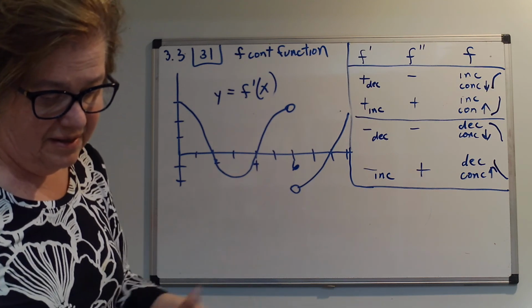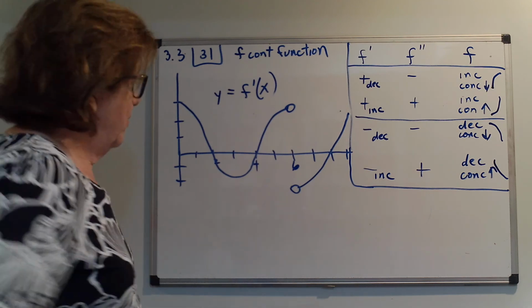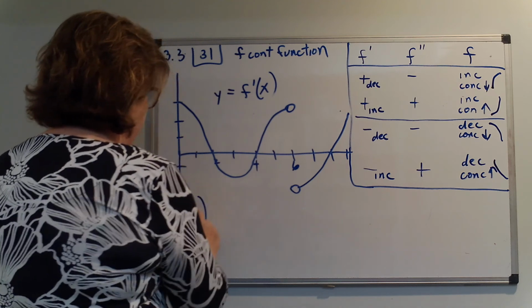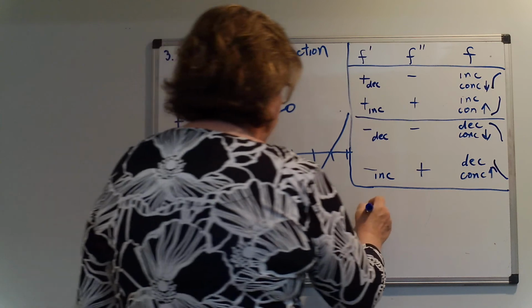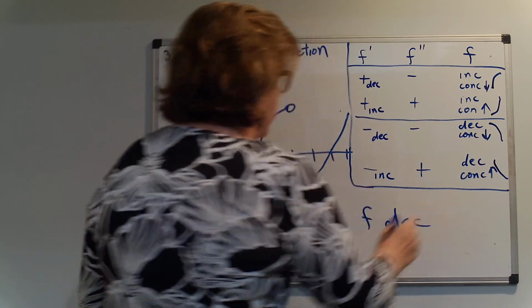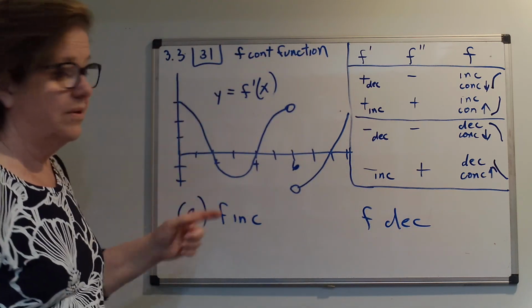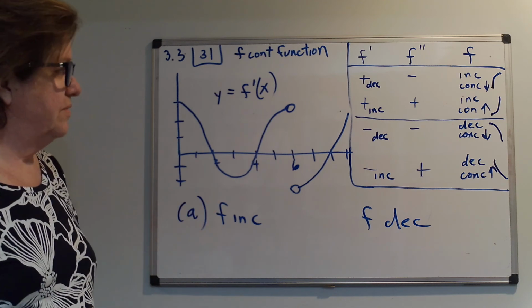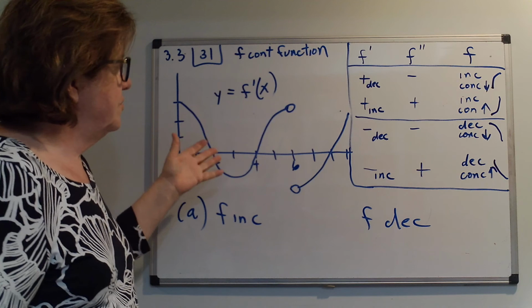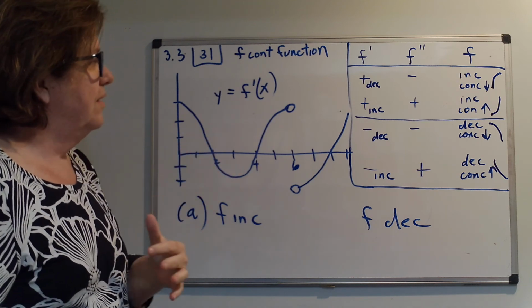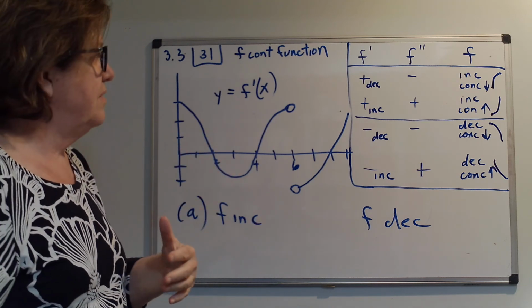A, B, C, D, E. Part A is on what intervals is f increasing and is f decreasing? The original function, not the derivative. Okay, so what can we get from the derivative to tell us whether the function is increasing or decreasing?